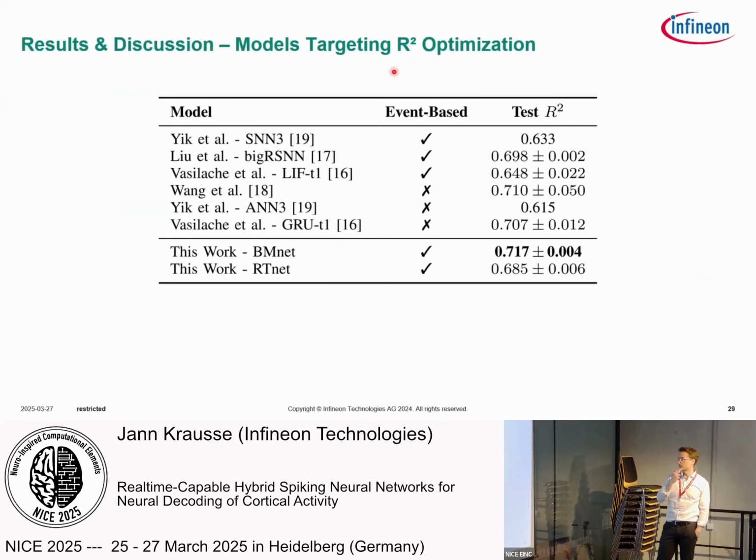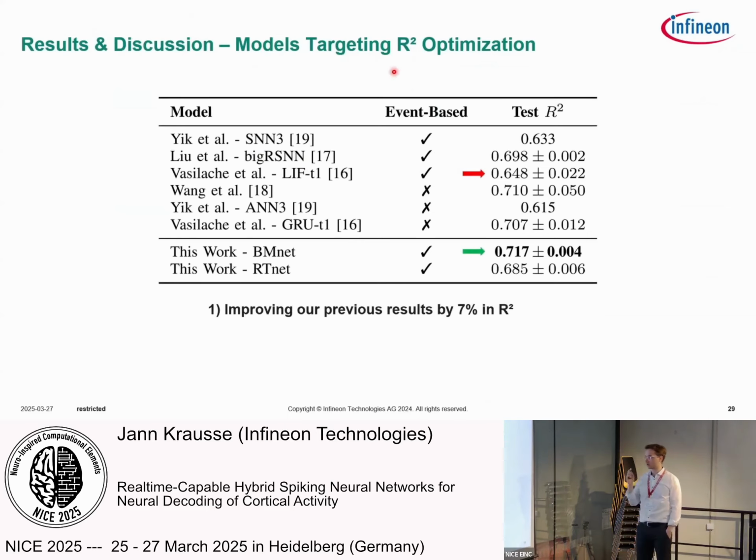Let's look at some of the results. First, the models targeting R2 optimization only. At the bottom, you see our models. First thing that you can see is that we improved our previous results by roughly 7%, which we're very happy about, and also increased the state-of-the-art accuracy by roughly 1%.